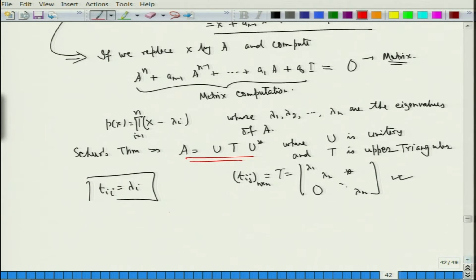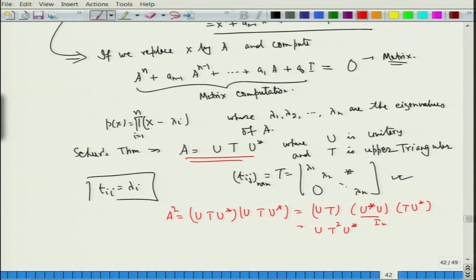A square is nothing but U T U star into U T U star, which is U T times U star U, which is identity, times T U star, so this gives me U T square U star.